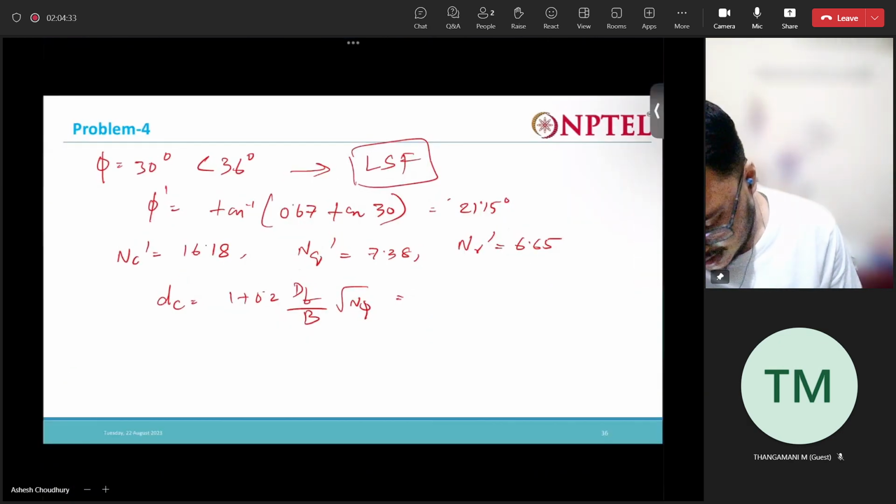See, this reinforced soil wall that we are considering is constructed like this, right? And this is the foundation. This is the foundation soil.